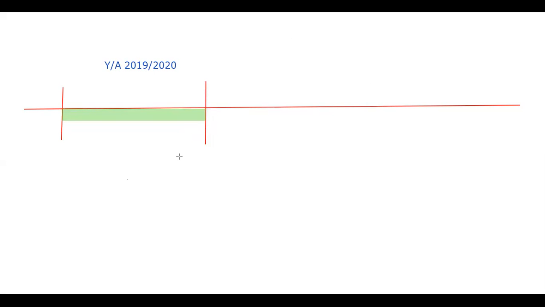If you file the return on the due date, till when can the department issue the assessment? So we call it the time bar. After that, they can't issue any assessment.